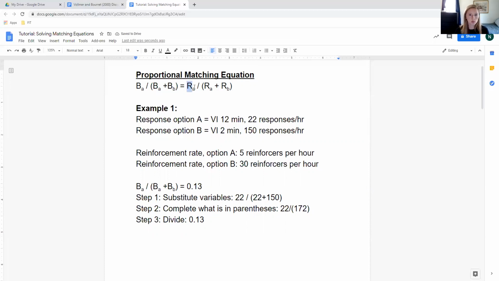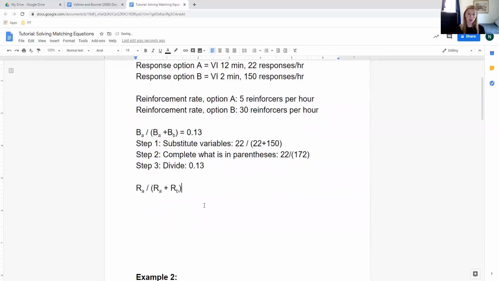Next we can solve for the other side of the equation, the reinforcement rate side. The steps on this side are going to be the same: substitute variables, parentheses, and lastly, divide.